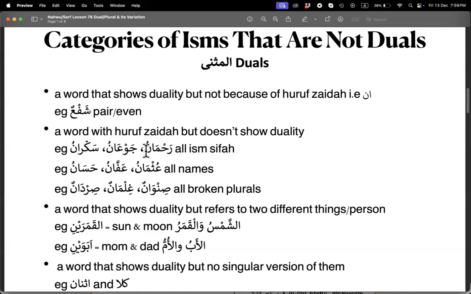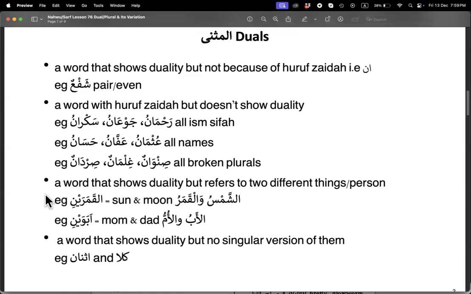All names, so Uthman. These are also partly flexible, right, sister? Yes, exactly, because of the alif nun. Uthman, Affan, Hassan, and then also some broken plural words can have alif nun at the end. So Sinwan, Ghilman, Sirdan, for example. So these are also not duals.